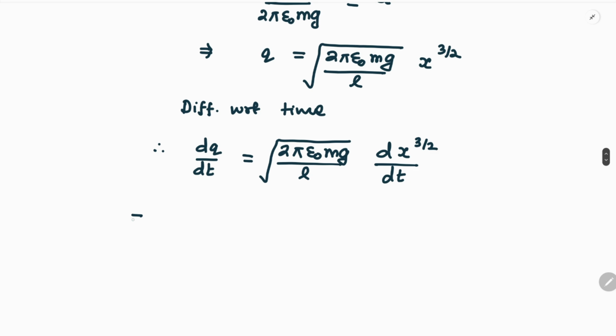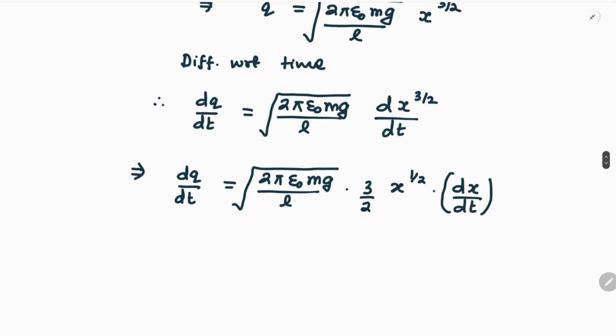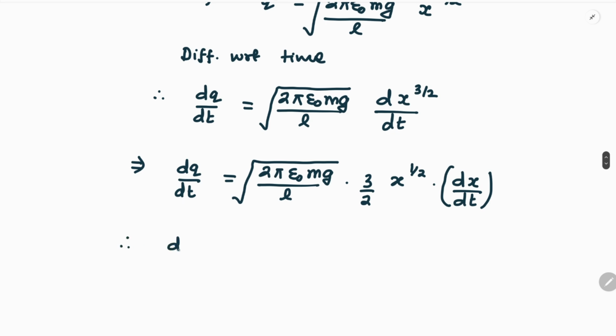So this can be written as dq by dt equals the square root of 2 pi epsilon naught mg by L, times 3 by 2 x to the power half, and then dx by dt.